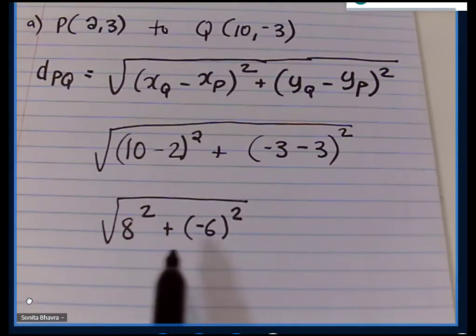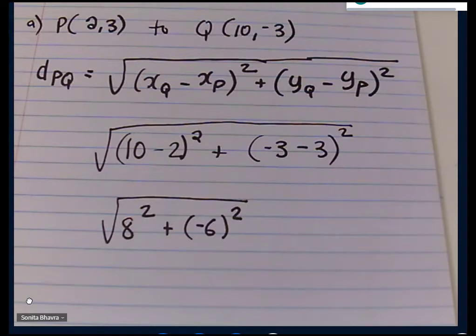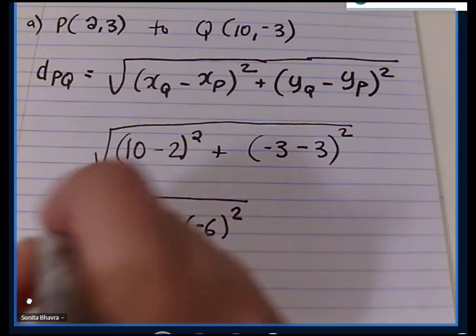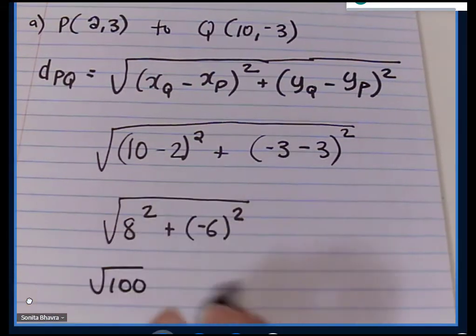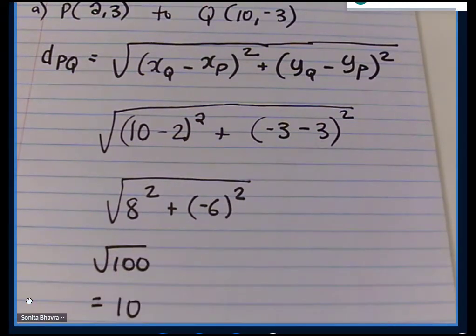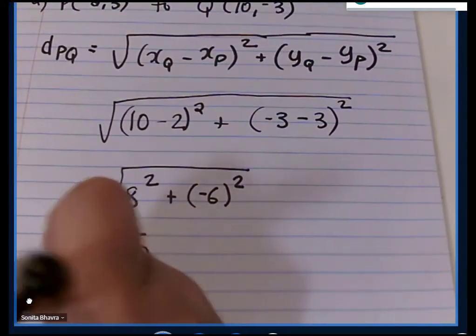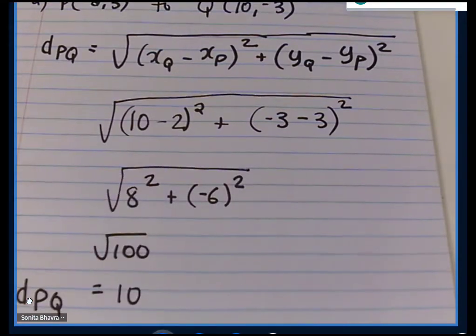All right, and then 8 squared plus 36, that we get as square root of 100. Square root of 100 is 10. So therefore the distance of PQ is equal to 10 units.